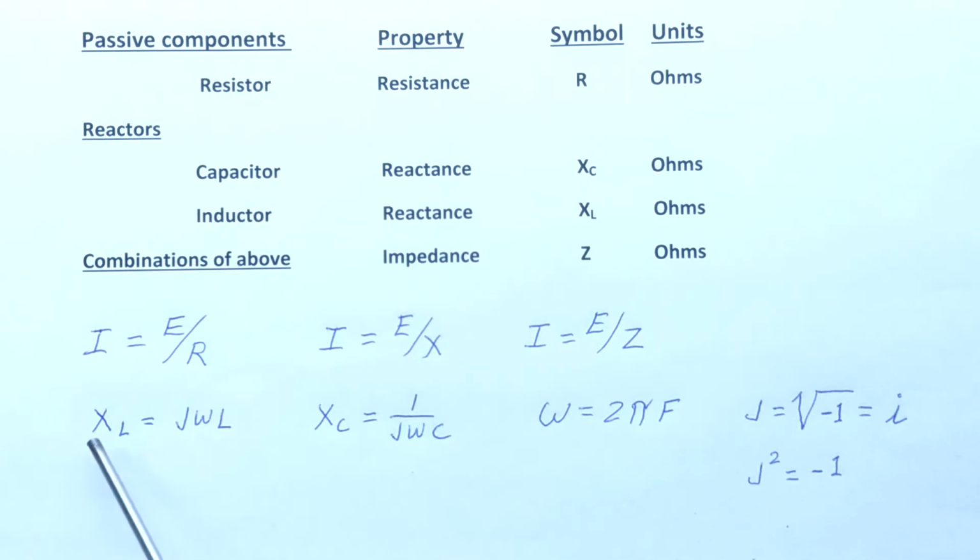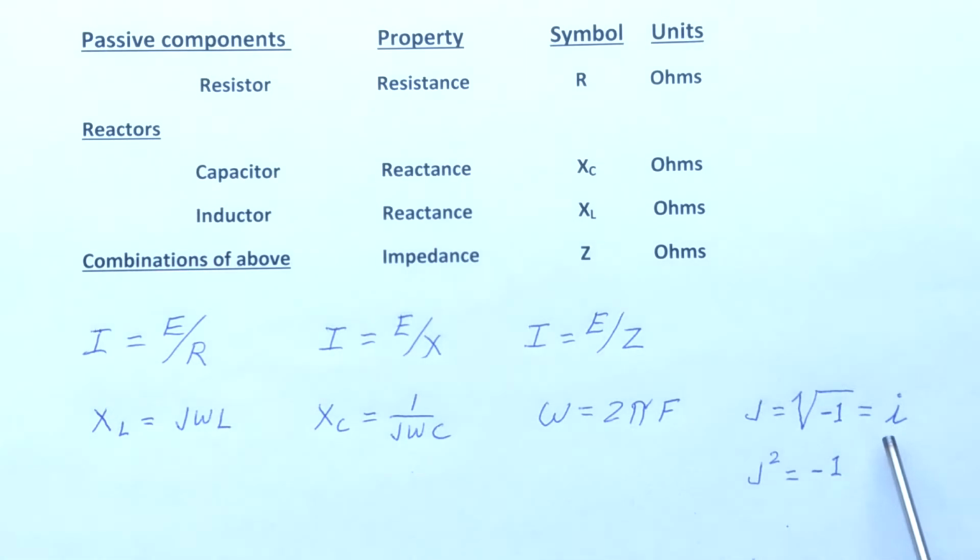So now the reactance of an inductor is given by this formula, J omega L, where omega is 2 pi times the frequency in hertz, and J is the imaginary, the square root of -1. I've attached some links to complex math if you're not familiar with this concept.